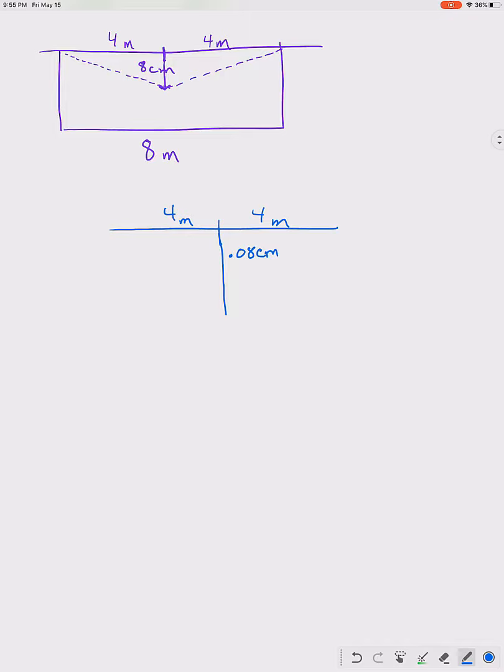Now I realize that I'm drawing this out of proportion, but I'm doing that so I can fit everything inside the triangle that I'm going to draw here. Because obviously 0.08 meters is much smaller than 4 meters, but I'm drawing it out of proportion to make it easier to put everything I want to put in.